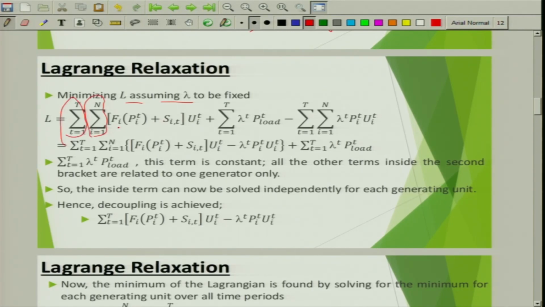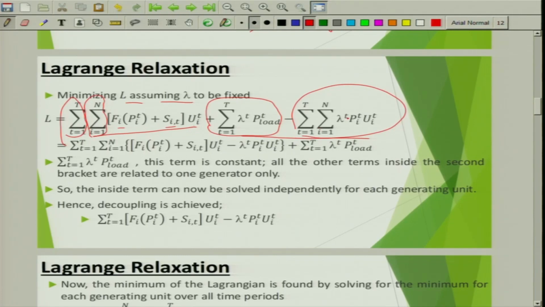This is the fuel cost and startup cost, and this is your operating state. Now this needs to be minimized, subject to the constraint that for all time intervals the total load demand should be equal to the total generation, considering all the generators, right?